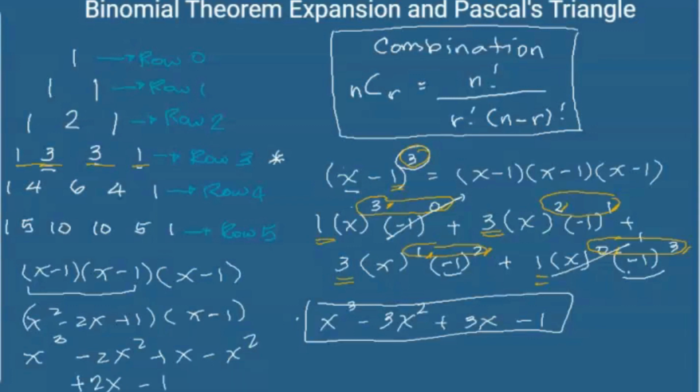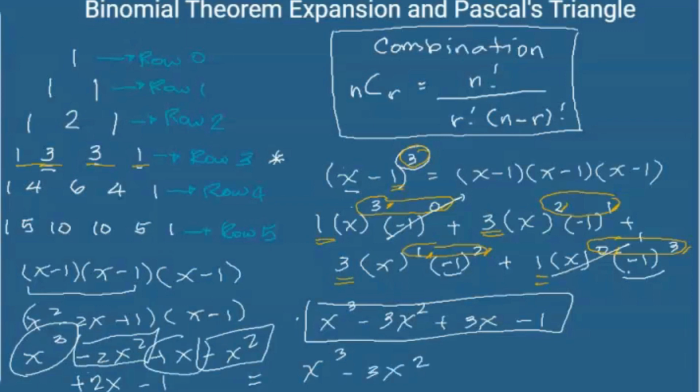Okay, let's combine similar terms. For x cubed, it's x cubed. Negative 2x squared minus x squared is negative 3x squared, positive x plus 2x is positive 3x, and minus 1. So we get the same answer.